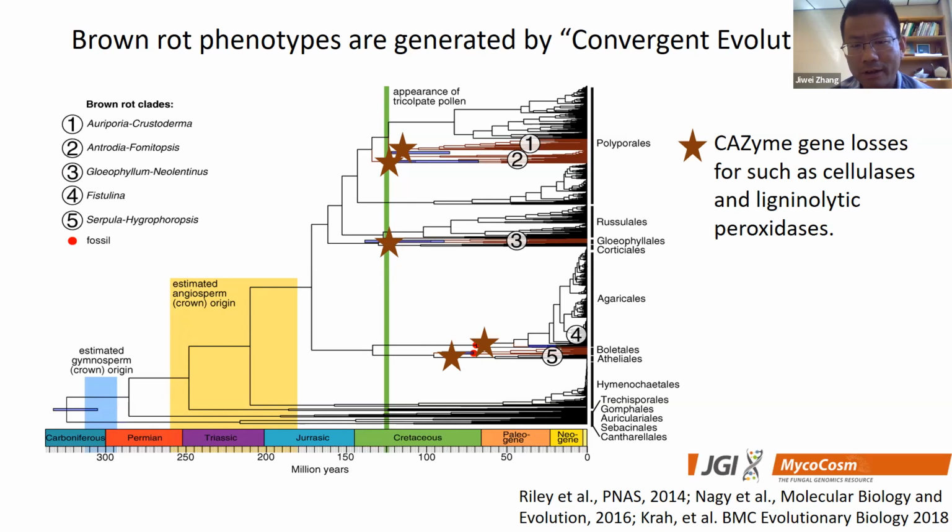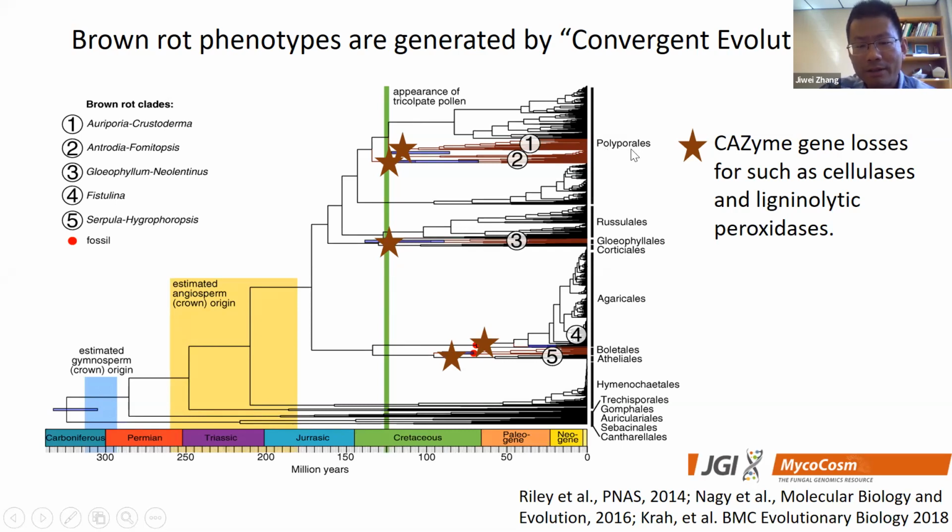And evolutionarily, these brown rot fungi evolved multiple times from different main clades of the Agaricomycotina group, and that's a convergent evolution. That means they evolved from different orders, and their siblings are in each order. You can find a lot of white rotters there. So that's why we see convergent evolution.